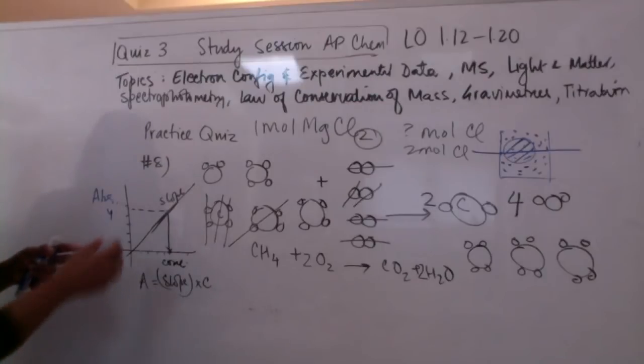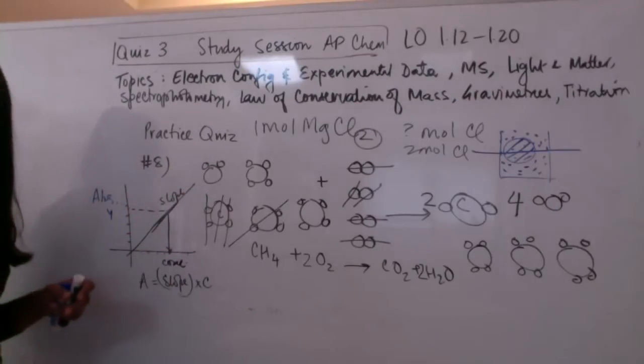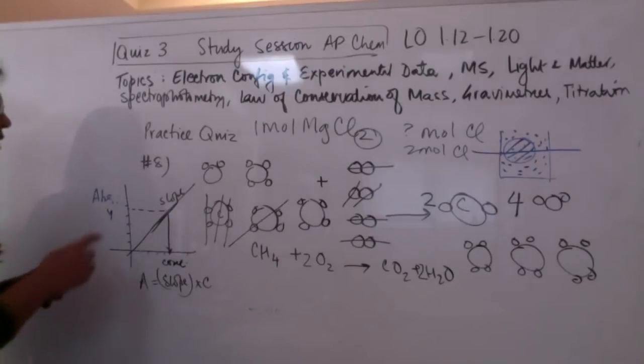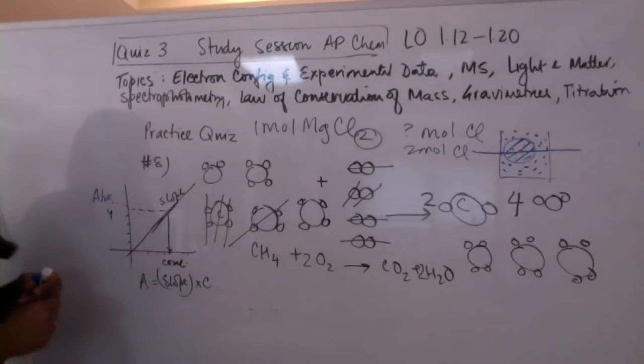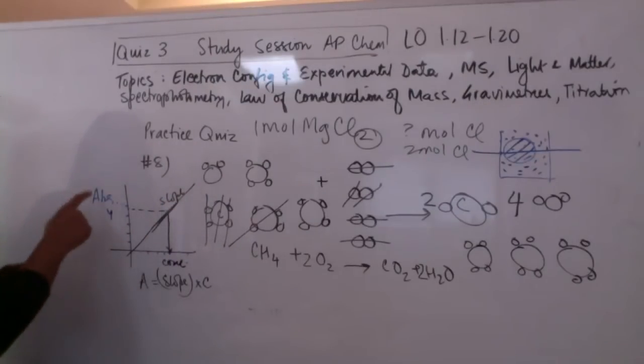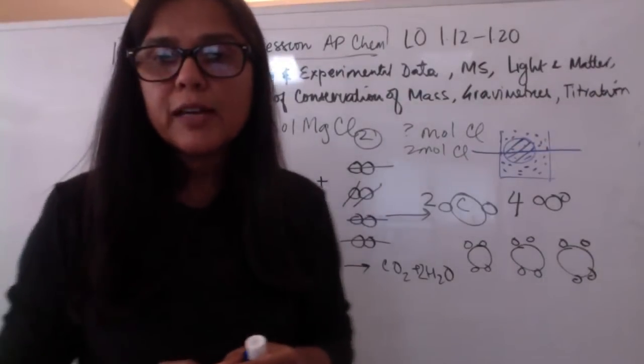So when you have an unknown, you just measure its absorbance and find the corresponding concentration. And if your measured absorbance gives you a concentration outside the graph range, you can always figure out the slope of the calibration curve. And you know absorbance is equal to slope times concentration. So you can figure out the concentration that way. But you'll be using the calibration curve for that.